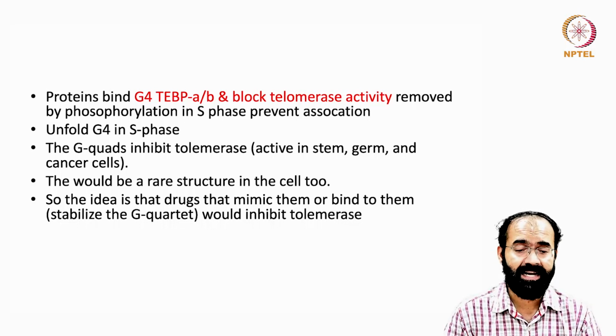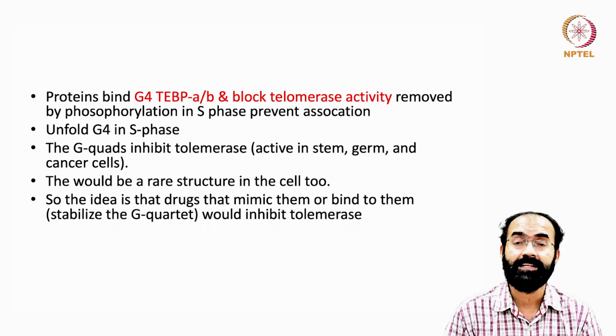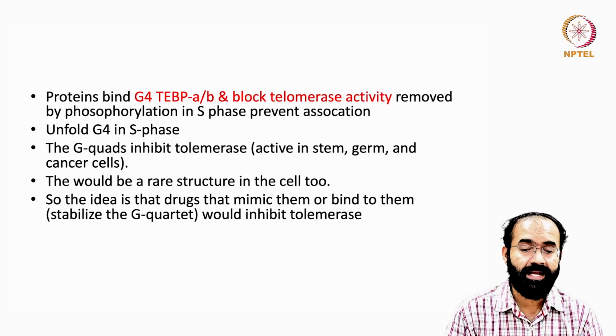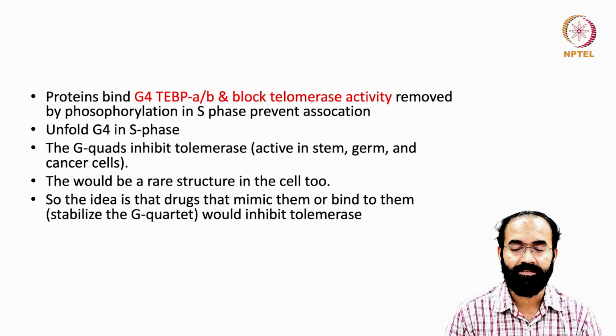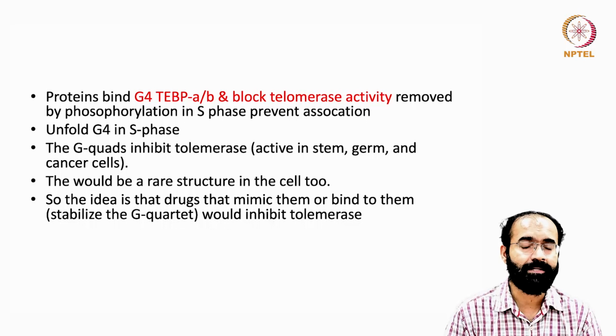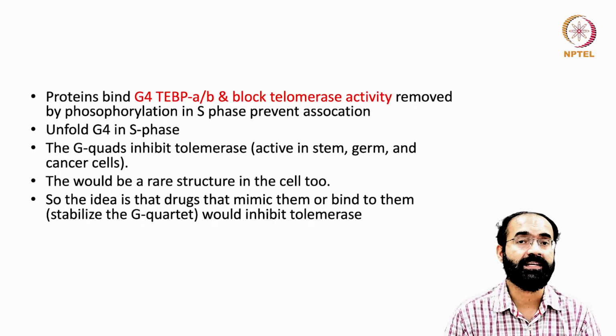So the idea is that drugs that mimic them or bind to them can stabilize the G quadruplex and would inhibit the telomerase activity. So some drug treatment approach can be done to kill the cancer cells.